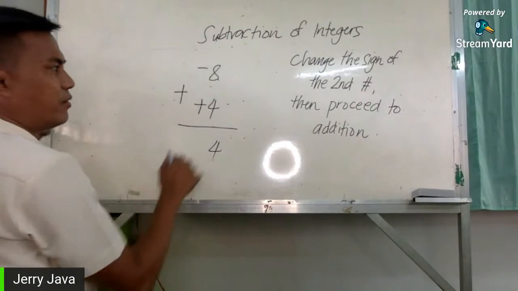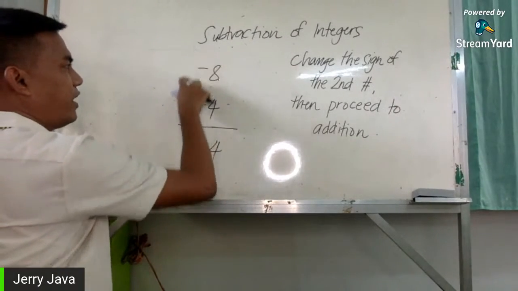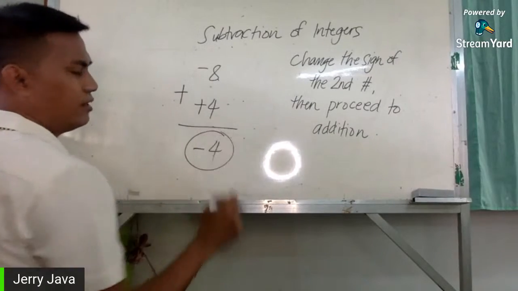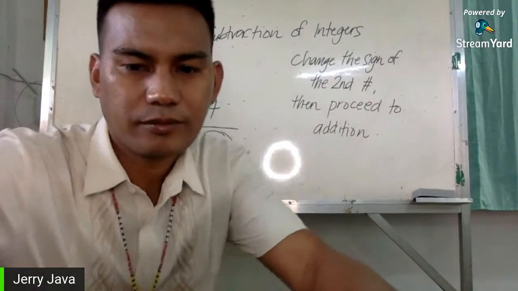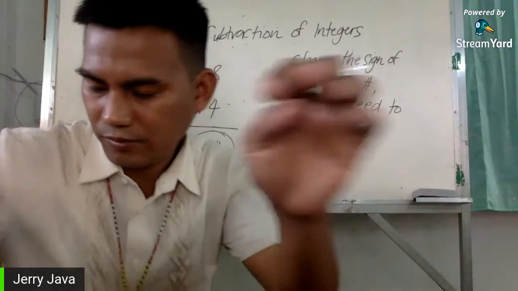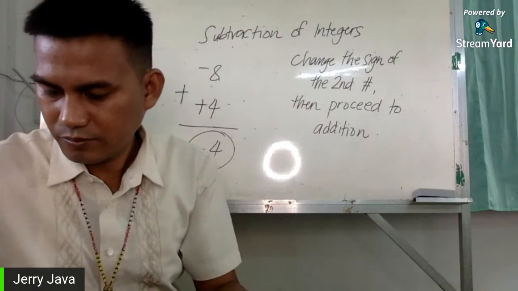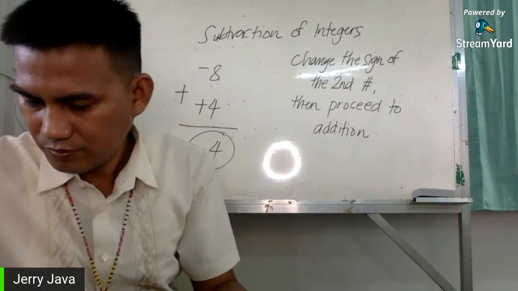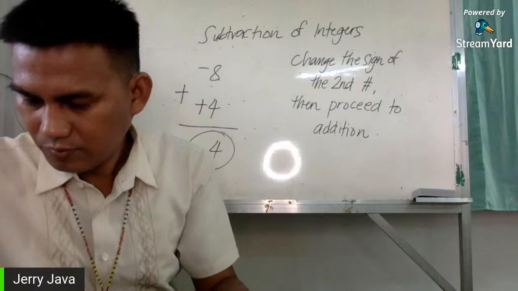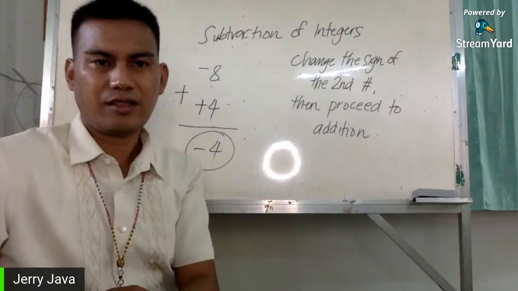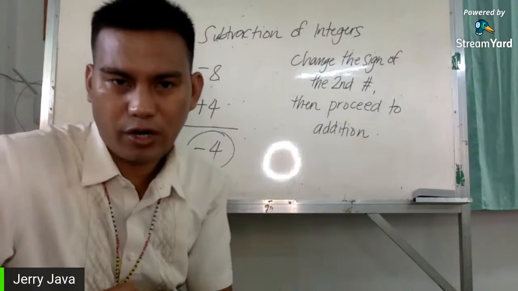What's the sign of the bigger number? The bigger number is 8. What's the sign of 8? Negative. So the answer is negative 4.